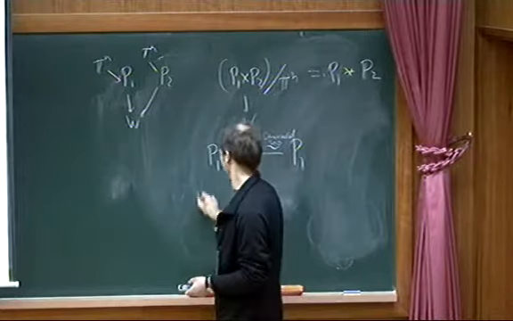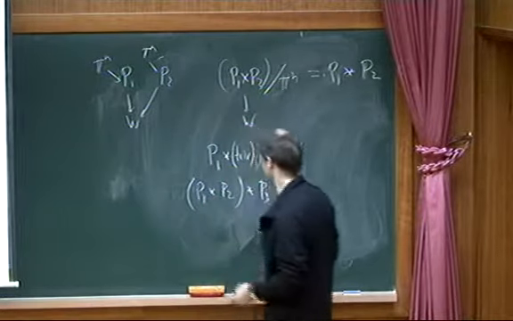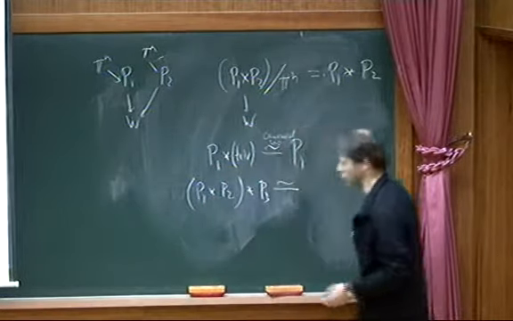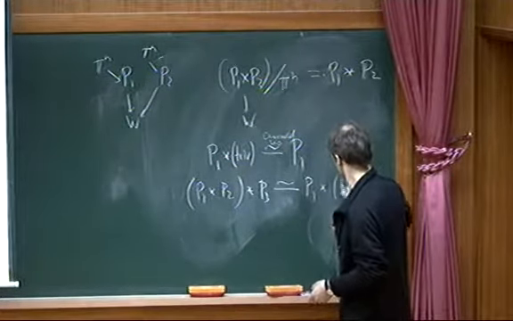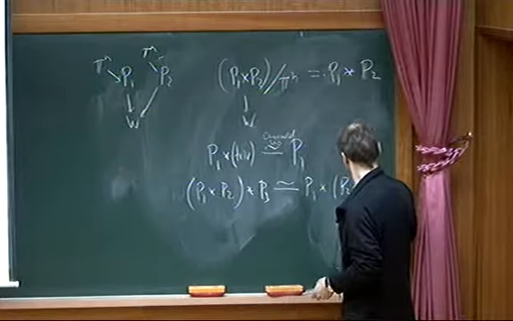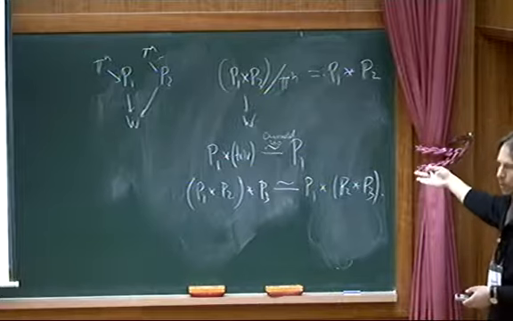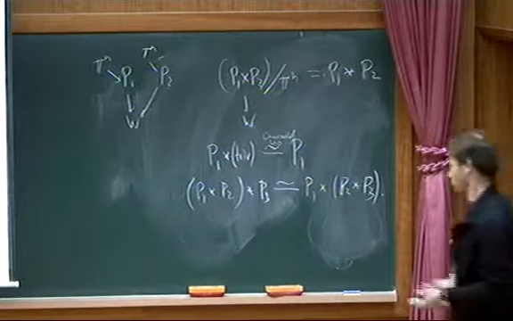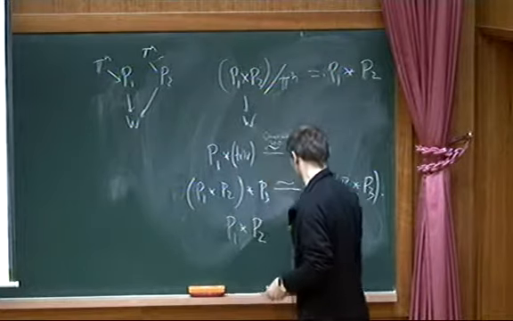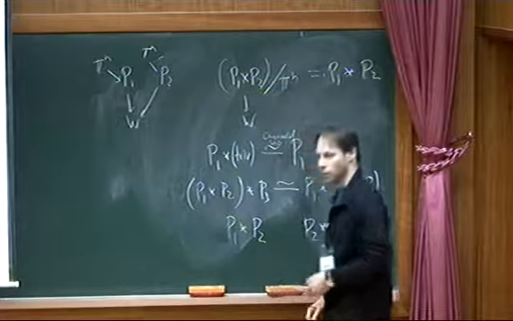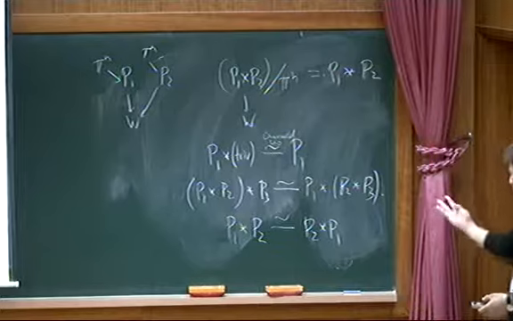Then you notice that P1 times P2 times P3 is not quite equal to P1 times P2, but it's canonically isomorphic. So this is what I mean by categorified. And then you can prove that if you do multiplication in the opposite order, it's not the same, but they're again isomorphic. So it's commutative in this sense.